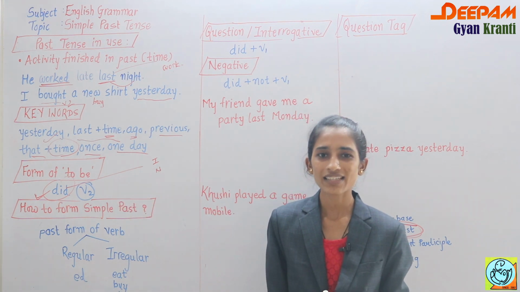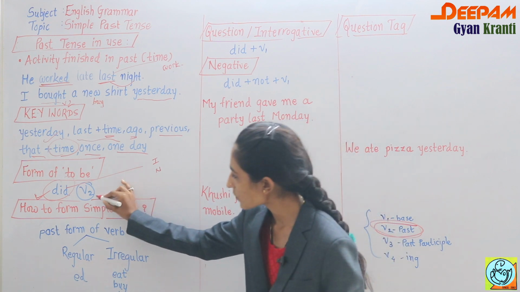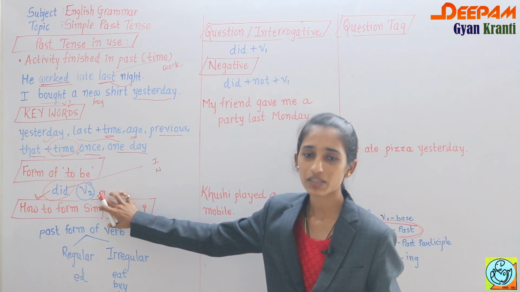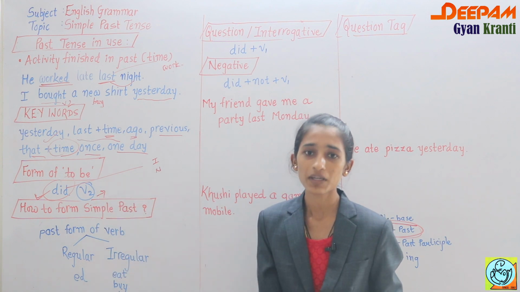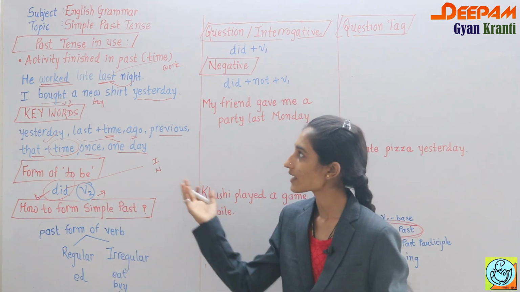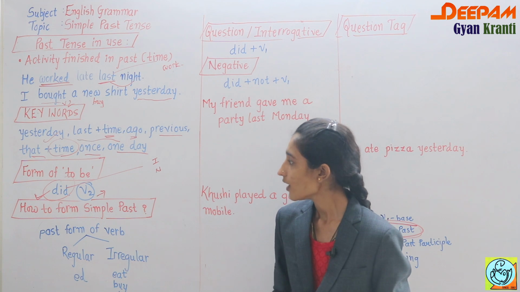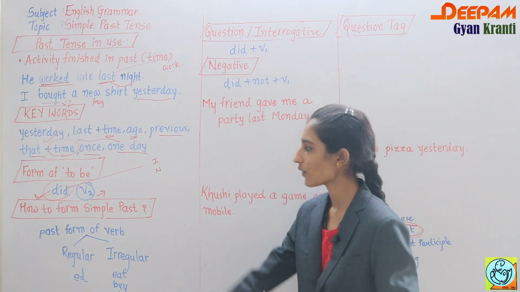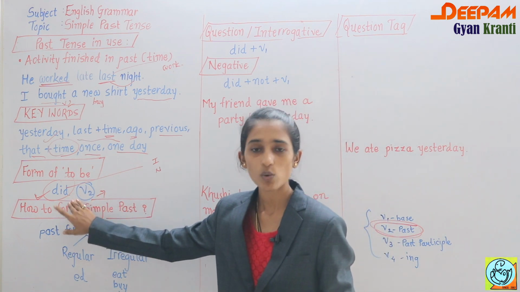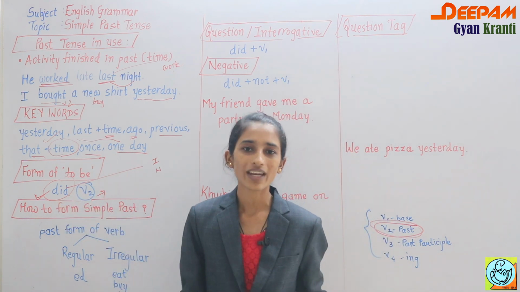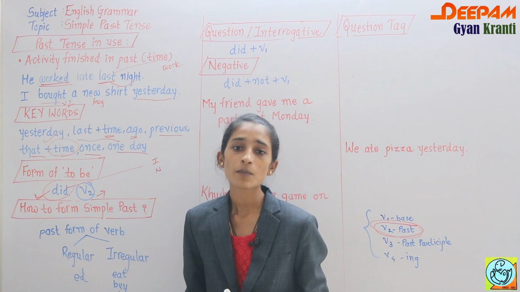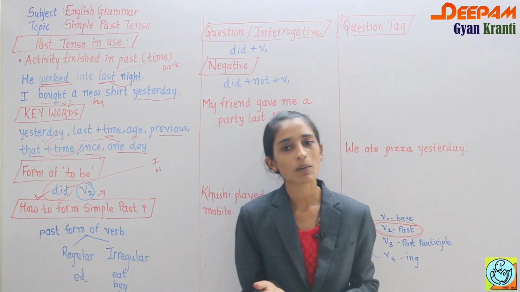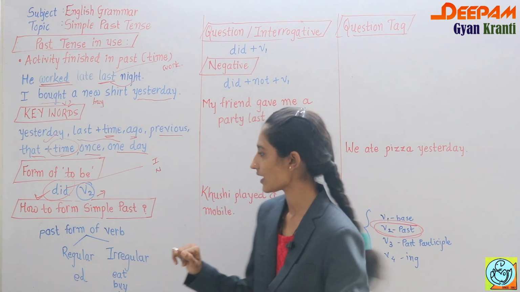Otherwise, in a simple or affirmative sentence, we have V2, and if V2, the past form of the verb, is in the sentence, then you can easily know it's simple past tense. But when you want to change the simple sentence into interrogative and negative, did is required, because it's the to be form, and you know very well that to change a simple sentence into interrogative and negative, a to be form is compulsory.